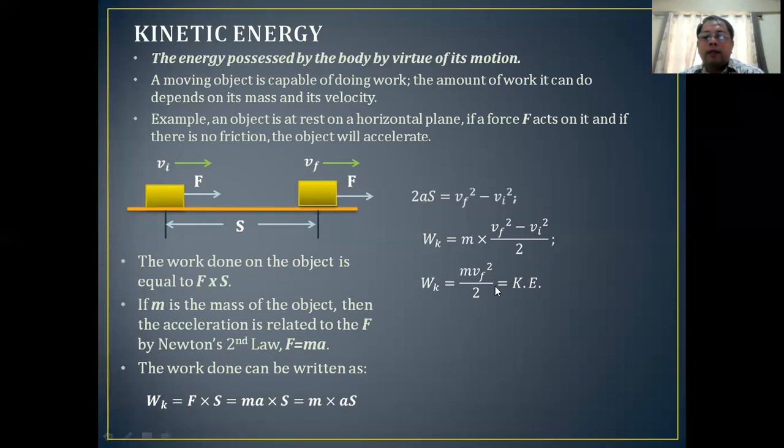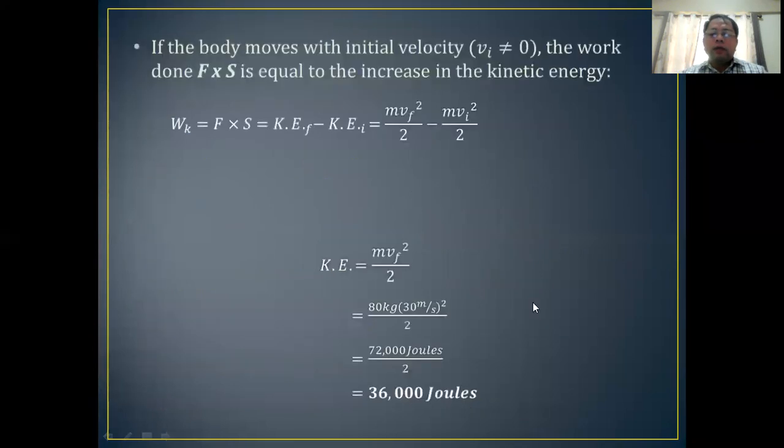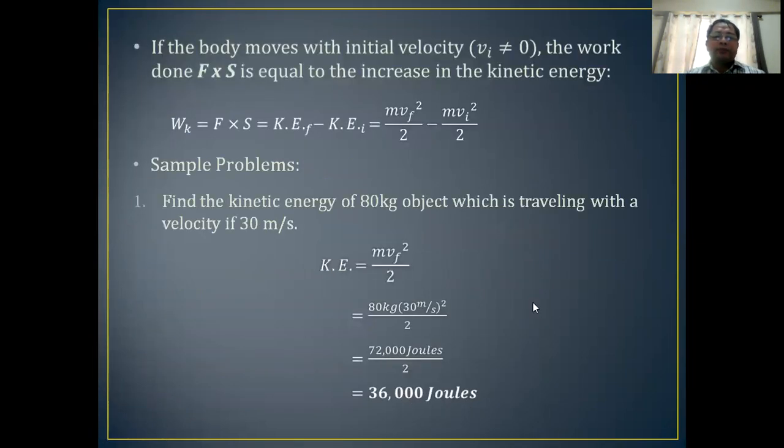And therefore, the kinetic energy is equal to mvf squared divided by 2. So that's how we understand kinetic energy. This is the work that we do in changing the motion or the speed of the body. Now we also have some related expressions or problems on our kinetic energy.